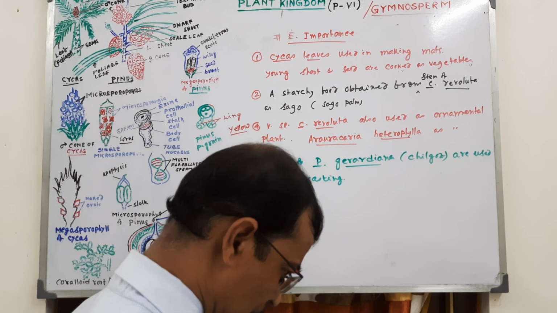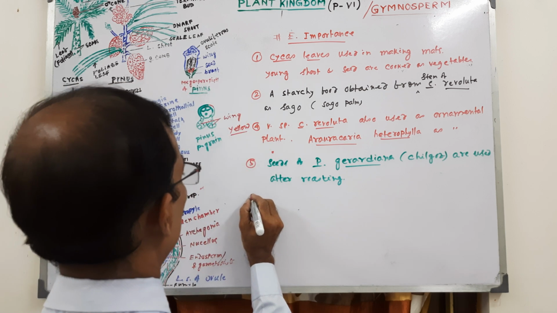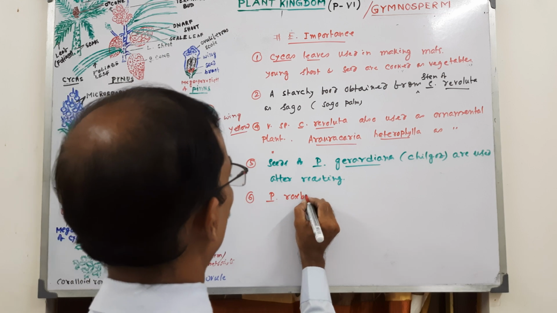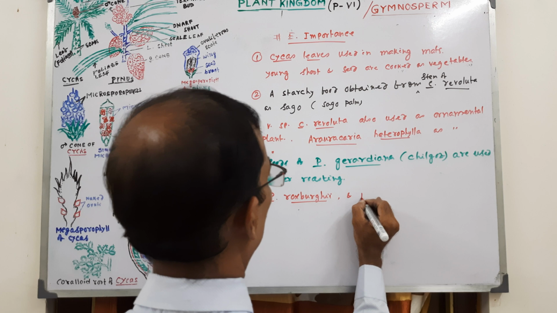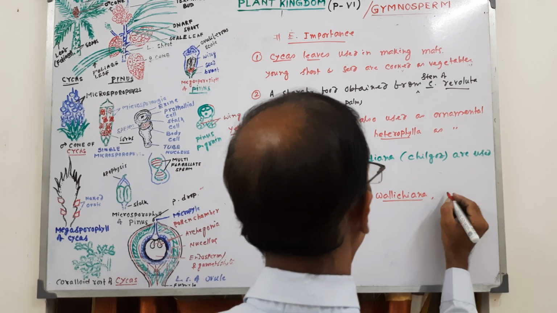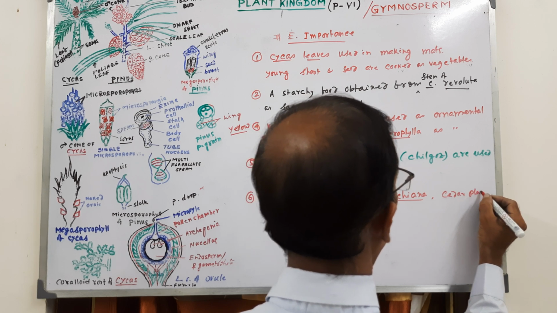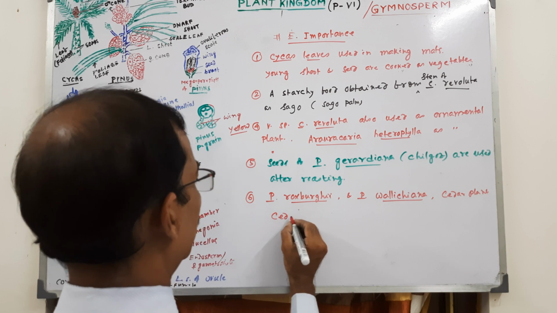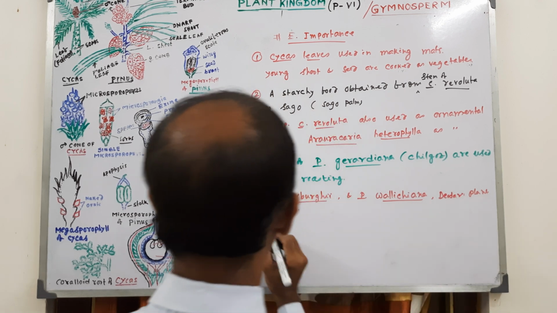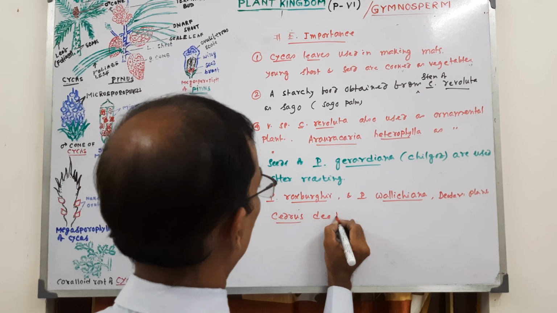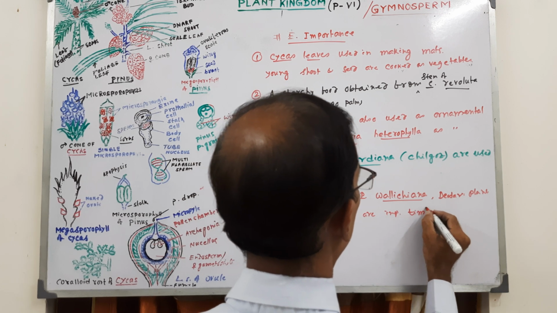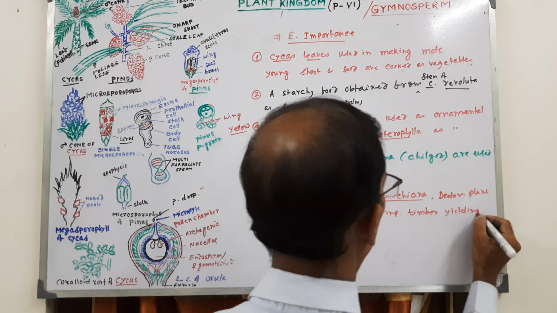Okay. Next, about some species of Pinus, that is Pinus roxburghii, which is called chir pine, and Pinus wallichiana, and cedar plant, that is Cedrus deodara, deodar plant, are important timber yielding plants.